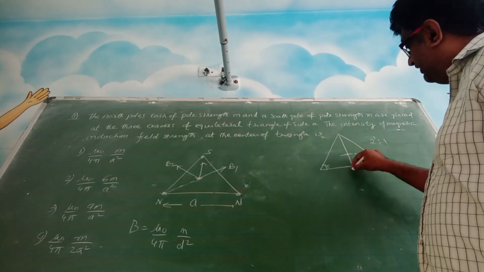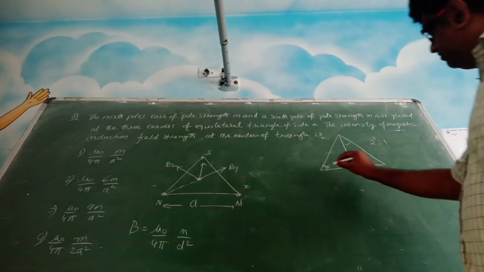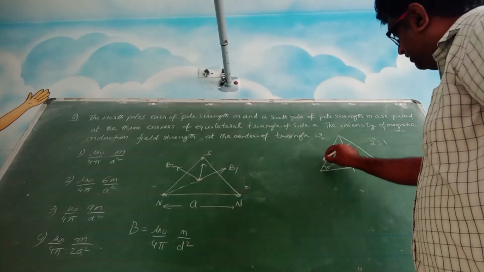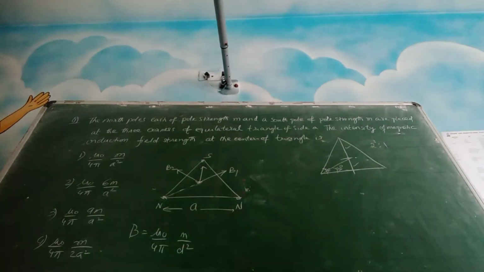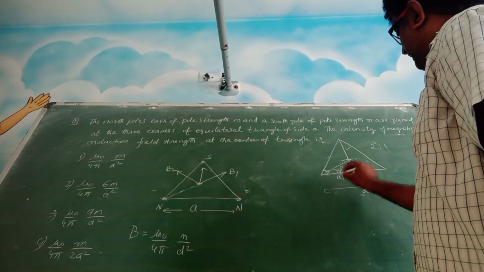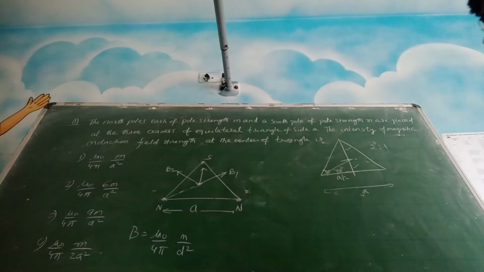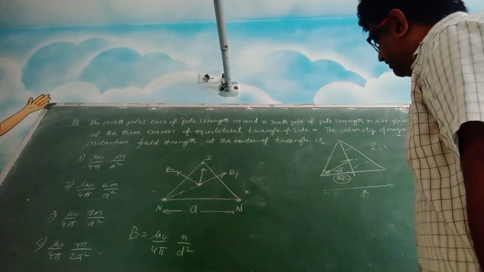If this is 3 centimeters, this will be 2 centimeters, this will be 1 centimeter. Just draw this line. Because this is symmetrical, this will be 30 degrees, isn't it? This total distance is A, so this distance will be A by 2.